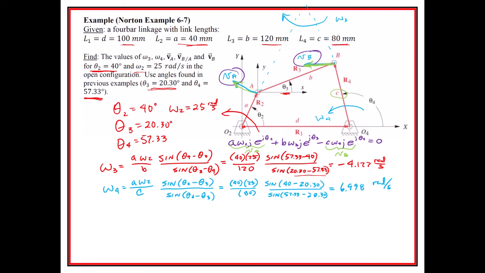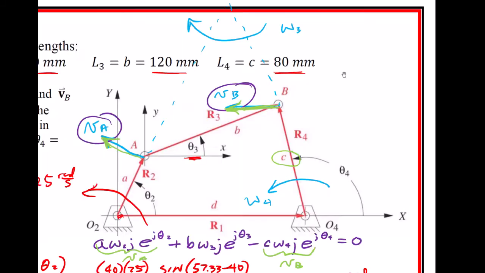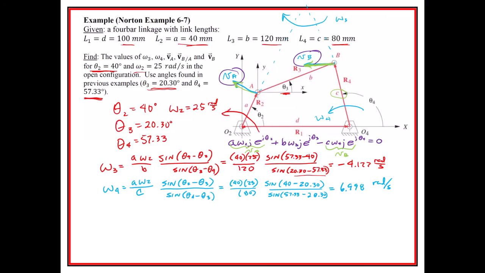So, because we know that, whoops, I keep doing that. Hopefully this will come back up. See, what I've done is I've activated the pan, so let me click it on again. We know that VB with respect to A is equal to VB minus VA.